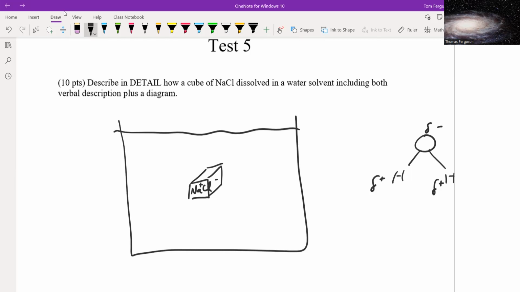And when you get into calculus and differential equations, you're going to have a partial differential equation, and the d's are those. And that's where the partial comes from. Okay, so basically we've got a polar crystal in there, and the water molecule is going to pull out the sodium and pull out the chlorides.